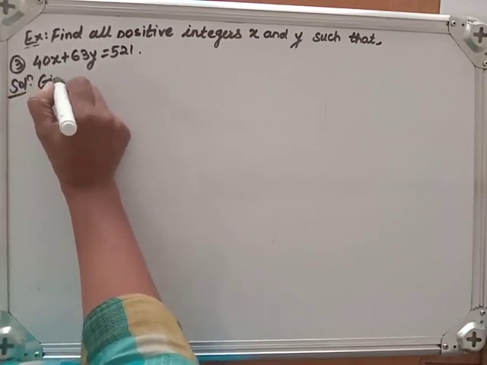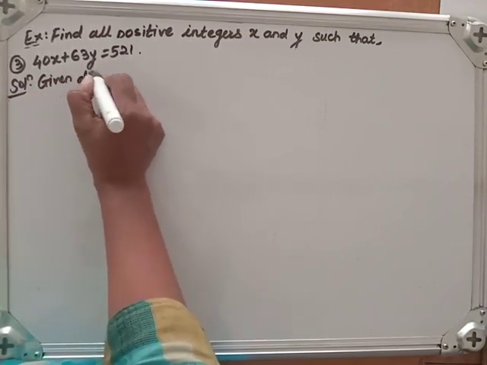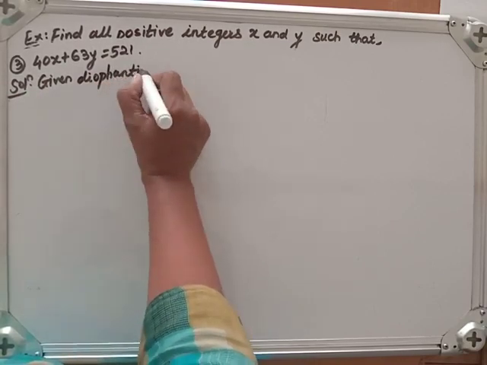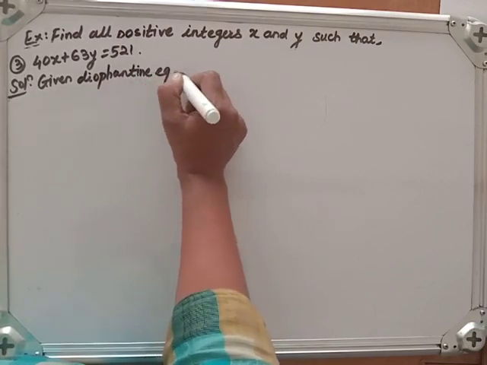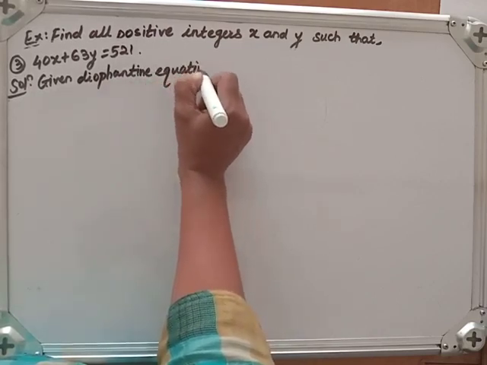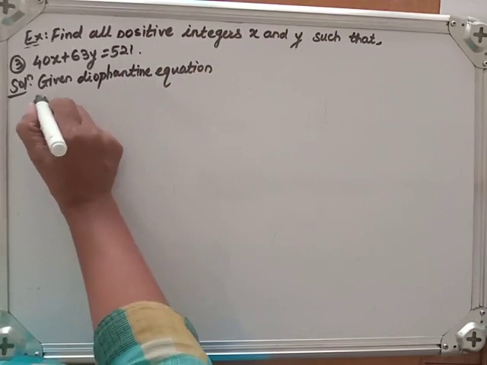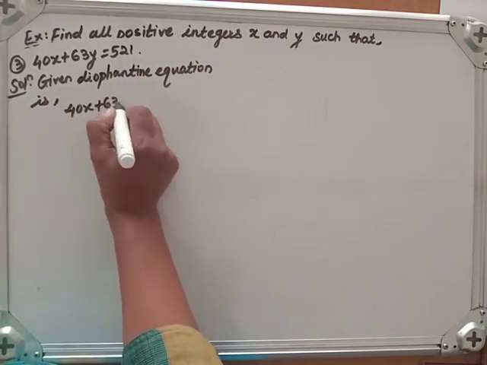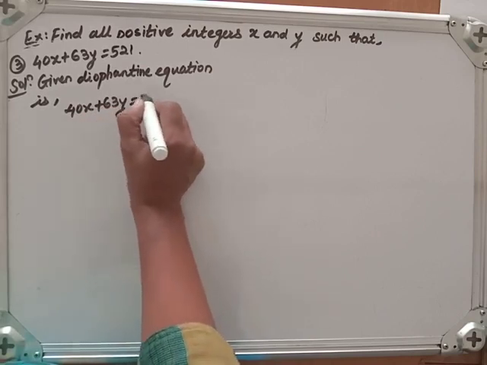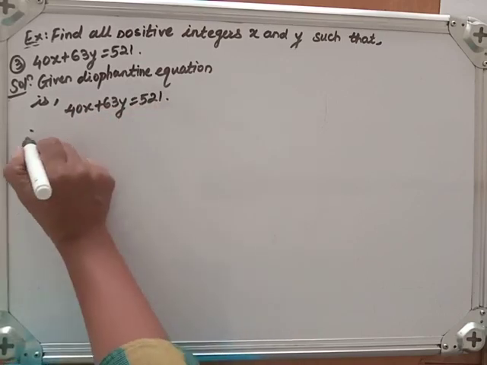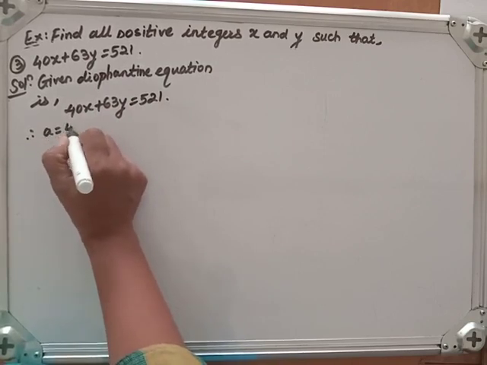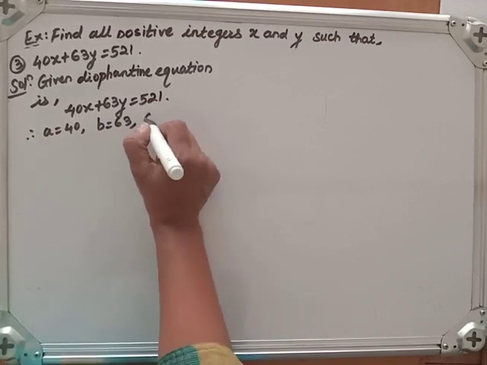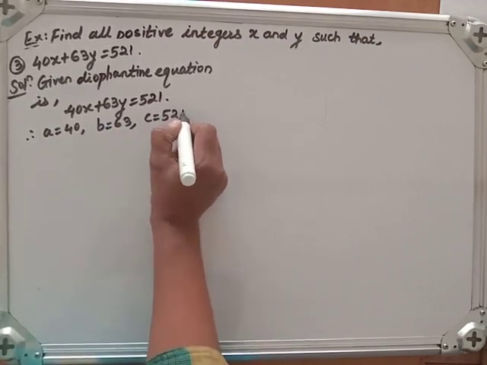The given Diophantine equation is 40x plus 63y equal to 521. Therefore, A is equal to 40, B equal to 63 and C equal to 521.